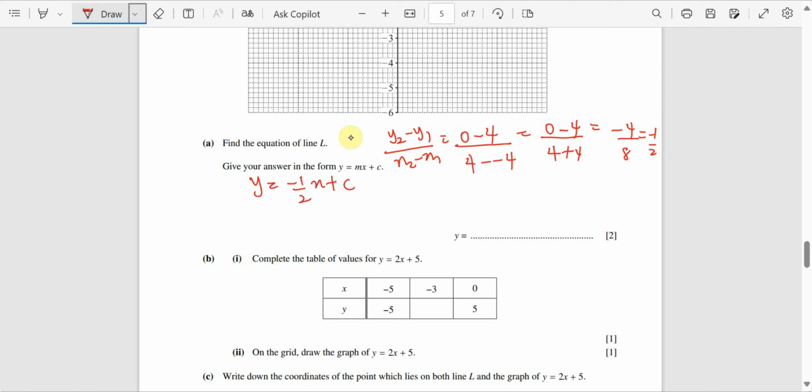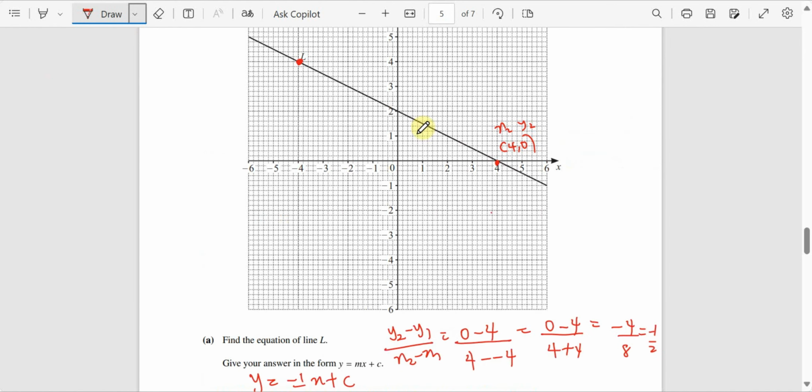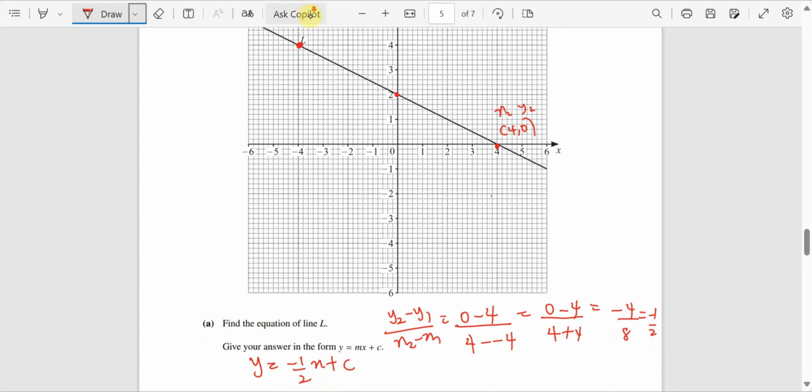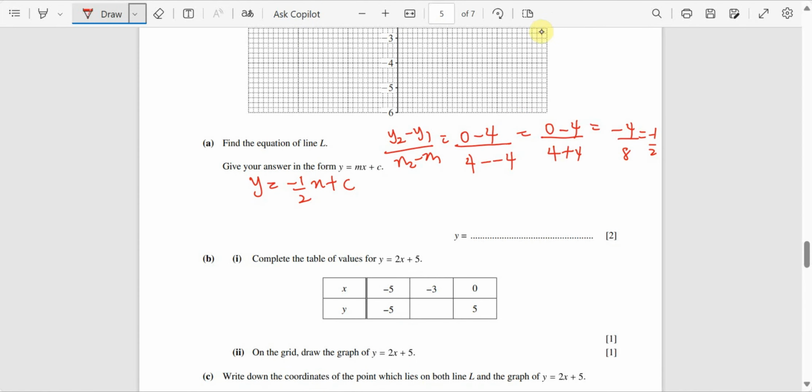Now we don't need to use any points to calculate the value of c. We can actually get our c from the graph. Remember, c simply means the y-intercept. So this is the point where the line is crossing the y-axis. So we can simply write that as y equals minus 1 over 2 x plus 2.